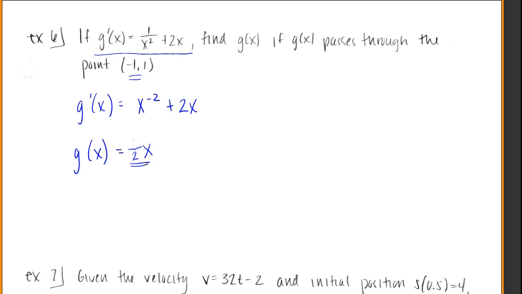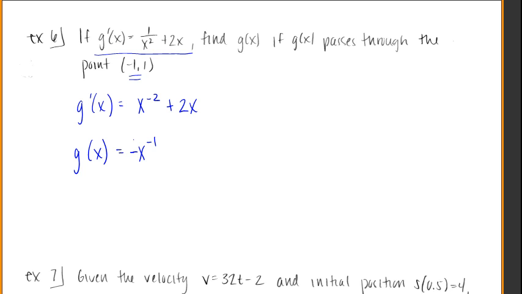How about x to the negative 1? That would give the negative x to the negative 2. We're almost there, we just need it to be positive instead. So what if I had a negative out front? If I drop the negative 1 down front, a negative times a negative is positive, and subtracting 1 from our exponent gives us a negative 2.